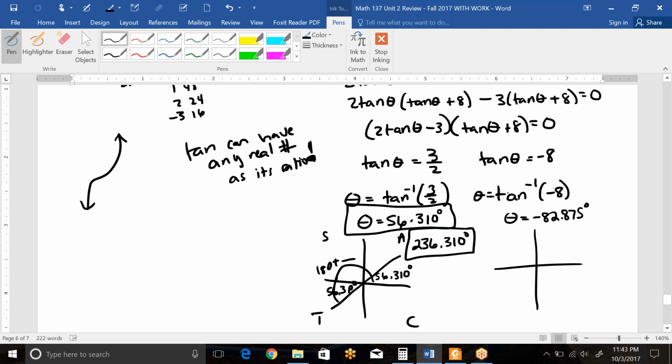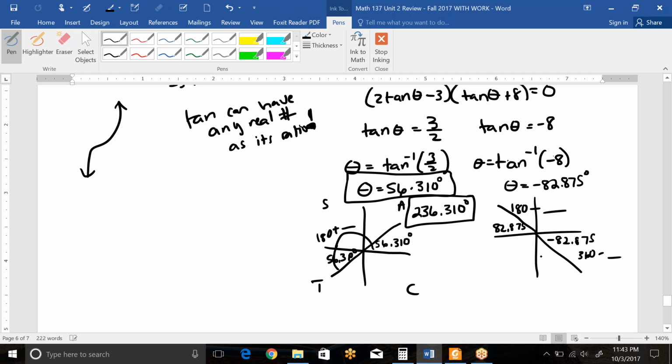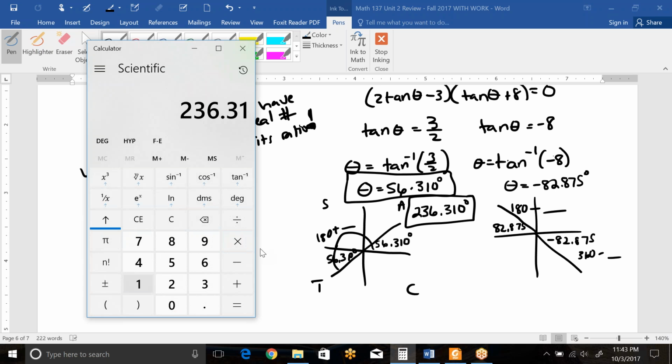This one would be, remember, in the negative part of the tan inverse, which is down here. So negative 82.875. Tan is also negative in quad 2. So this is also 82.875. This one we would do 180 minus the angle. This one we would do 360 minus the angle to figure out our reference or our actual angles between 0 and 360.